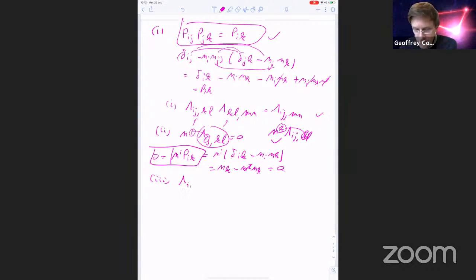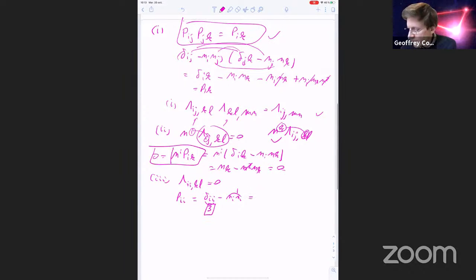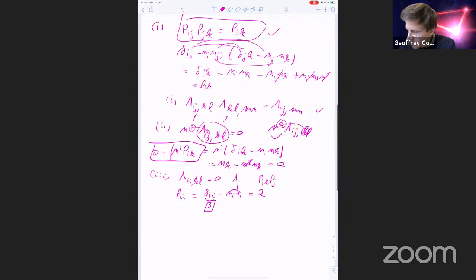For the trace, I want to prove this trace is 0. So it's useful to first compute P_ii, which is delta_ii minus n_i n_i. n_i n_i is 1. Delta_ii, careful, is 3 because there were 3 space dimensions. So P_ii is 2. Now we compute explicitly lambda. You don't see my screen, so let me put again the definition. Lambda_ijkl is P_ik P_jl minus 1/2 P_ij P_kl.